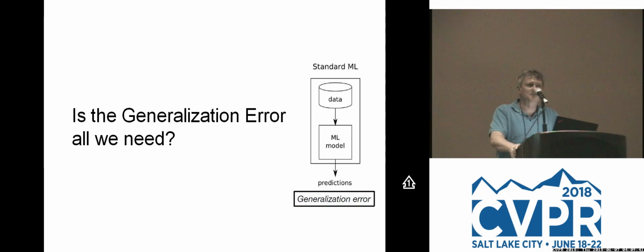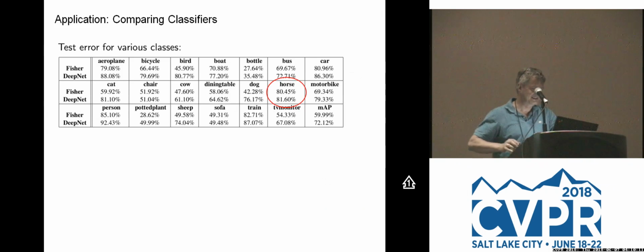Namely, you have your data, you train your model, you do your cross-validation, you're not looking at the test set, and then you report hopefully excellent results on the test set. And I'm just asking the question, is that actually all that we need? I would like to share a nice example that we had in CVPR 2 years ago.